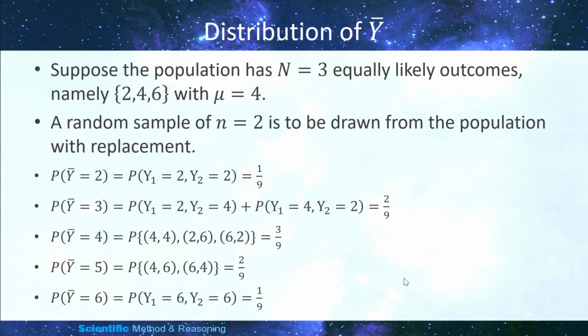In other words, if we can repeat the experiment again and again and again, then you can see that the number of occurrences of the 5 possible sample means would very much follow this distribution: 1/9, 2/9, 3/9, 2/9, and 1/9.